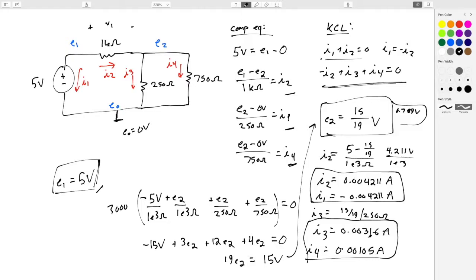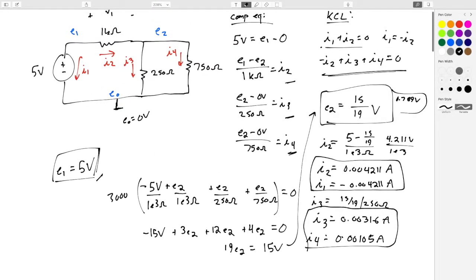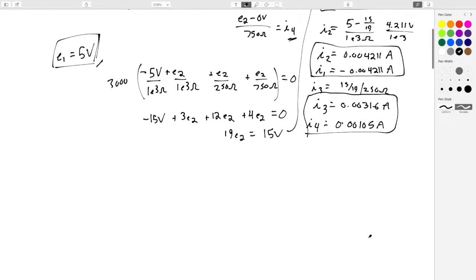Okay, now what are these numbers all saying about the whole circuit? The voltage source has 5 volts across it.